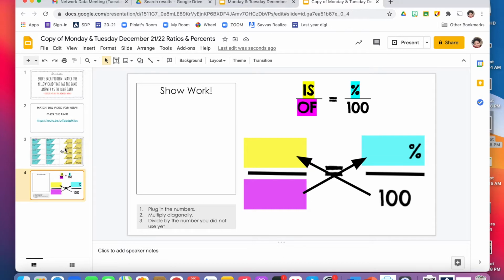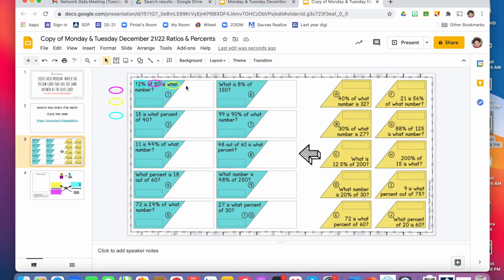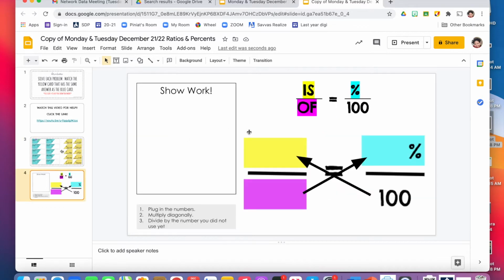So we said that our is, we don't know. So we're just going to put a question mark. Now we could put an X. That's what they actually use in algebra. But for our sake, we are going to stick with question marks, because we don't know what that is.